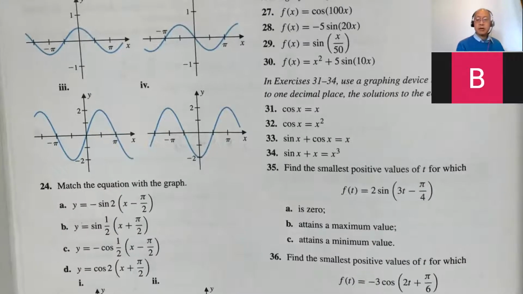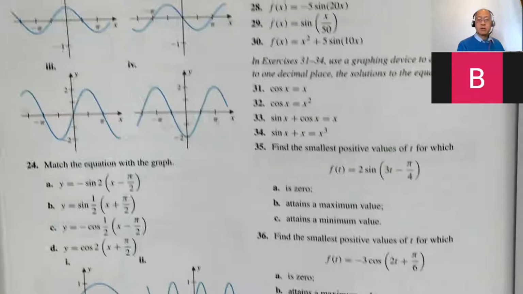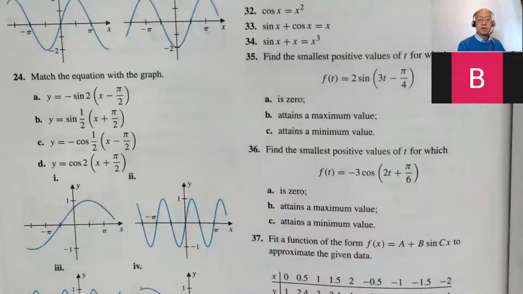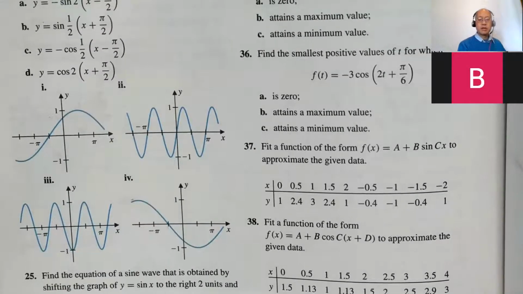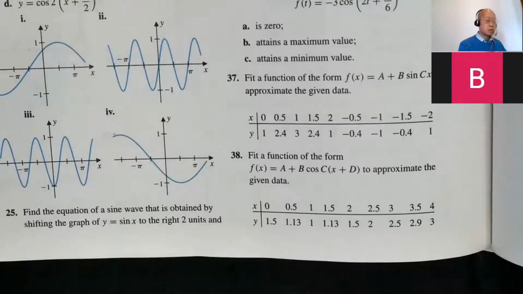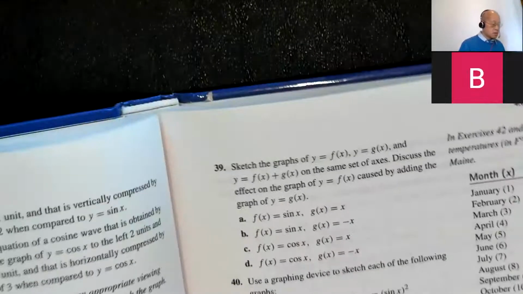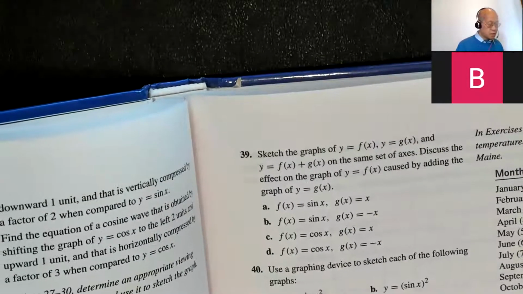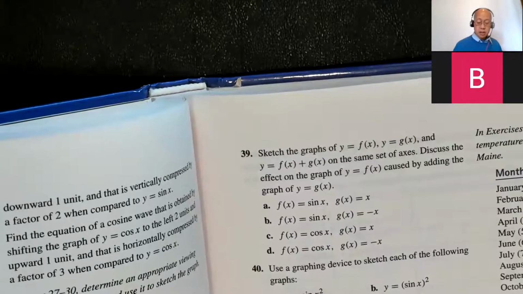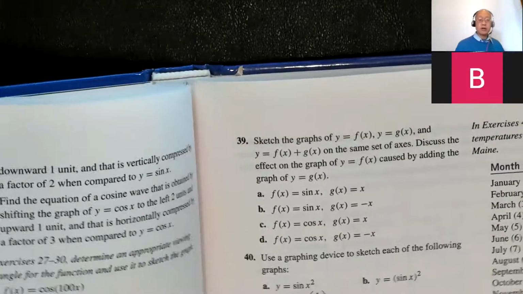Try to aim the book so that you can see both left and right sides. Actually, maybe you didn't have to do too many of these anyway. I think that's it. We have to go up to 35. So you don't really need any of these. We're done with that.